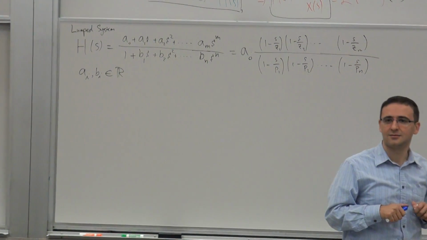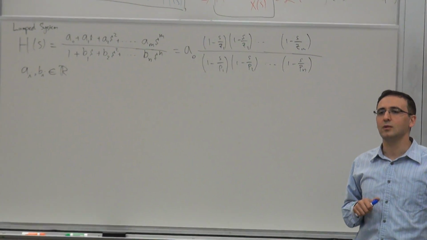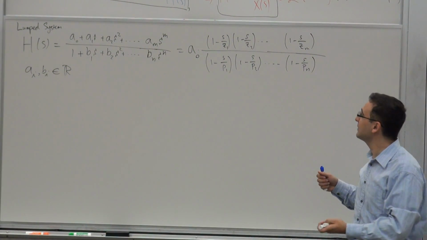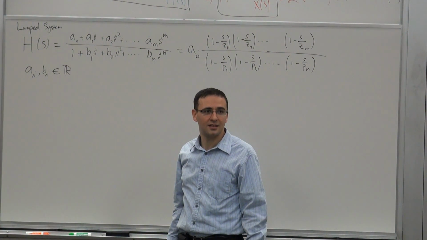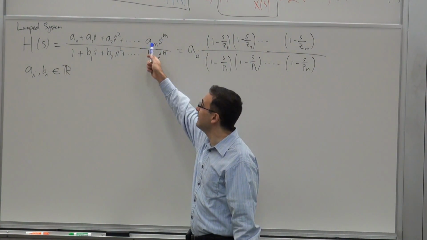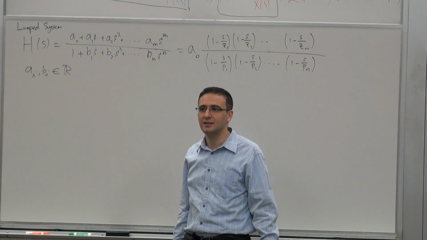So, what happens if I have more zeros than poles? Well, what would the gain be? Having more zeros than poles means that the order of the numerator is higher than the order of the denominator. And if that's the case, it means that at infinite frequency, what would the gain be? Infinity.